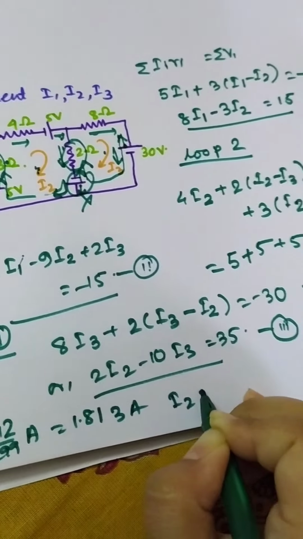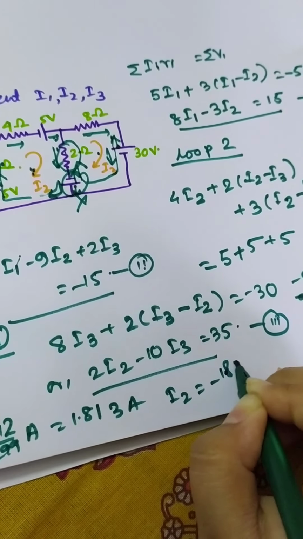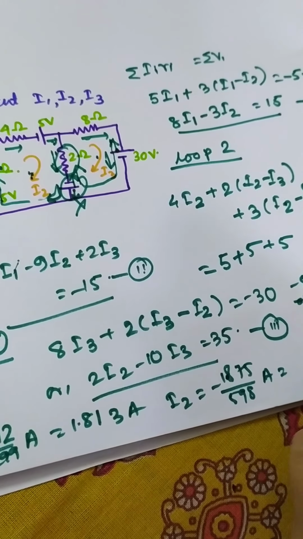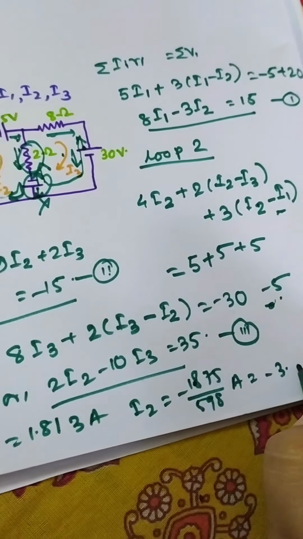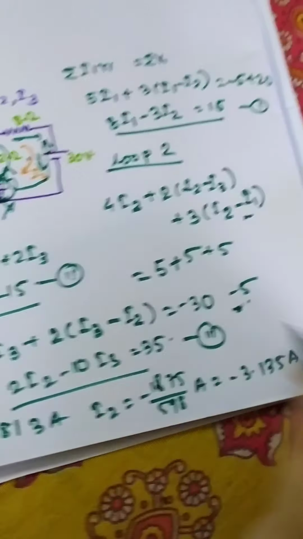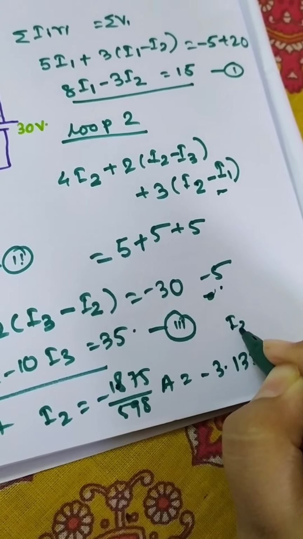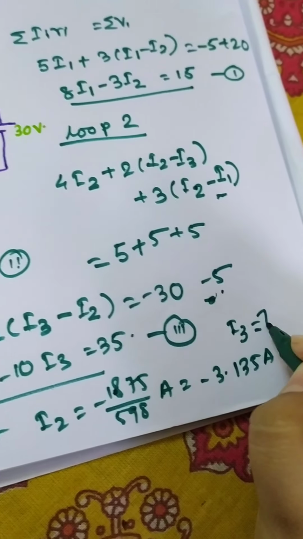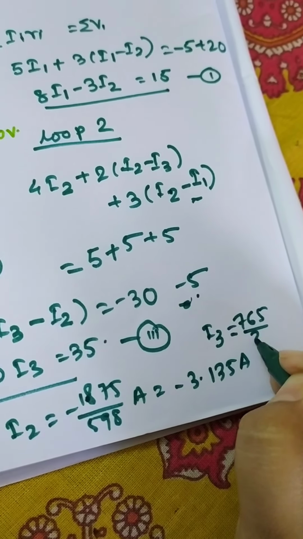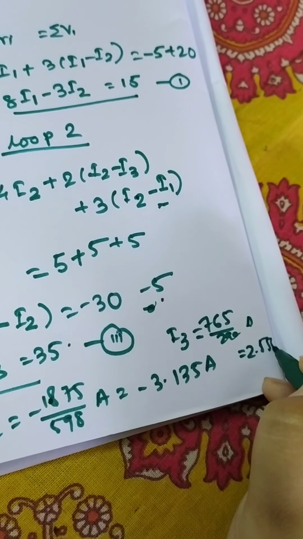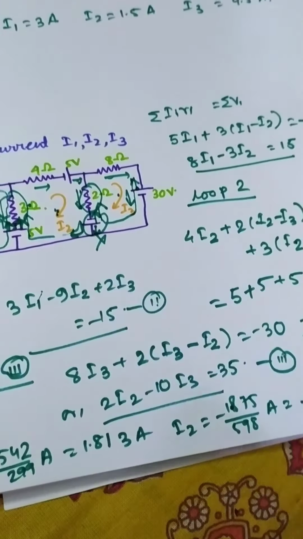I2 equal to minus 1875598. The circuit analysis is important, but the solution is also important. And I3 is equal to 299 ampere, that is equal to 2.558 ampere. So this is our whole calculation. Thank you.